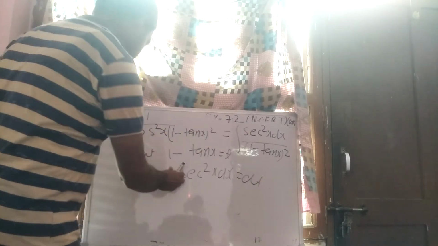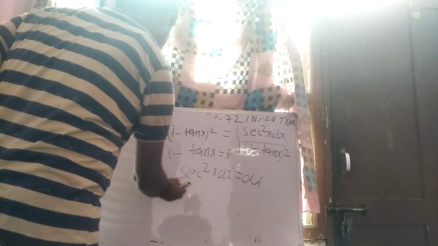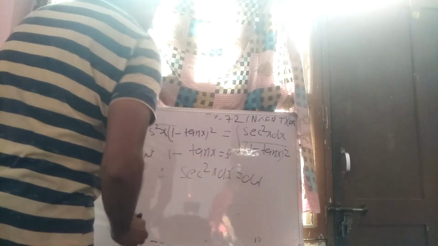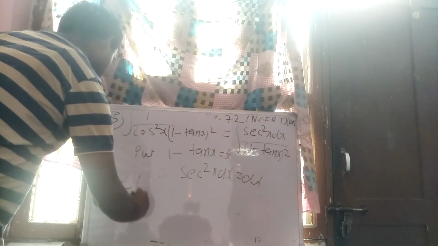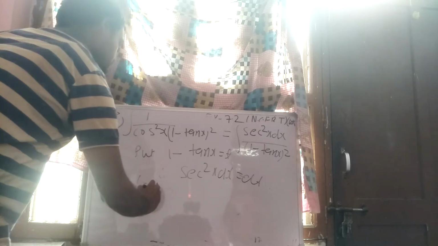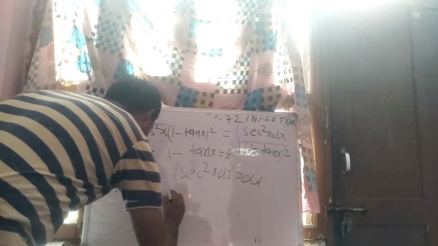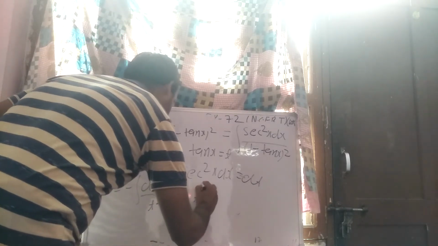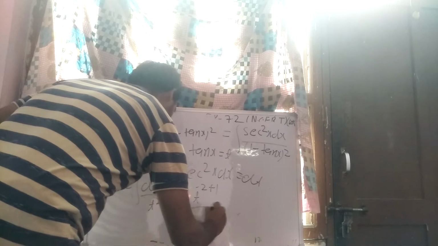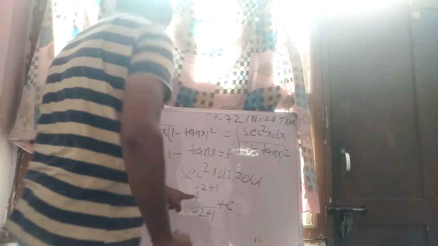For 1 means 0. So minus sec square x. This is minus, this also is minus dt. And the answer is minus dt upon t power 2. T power 2 means we also have t power minus 2. This is in algebraic form, plus c. We also substitute the value of t.